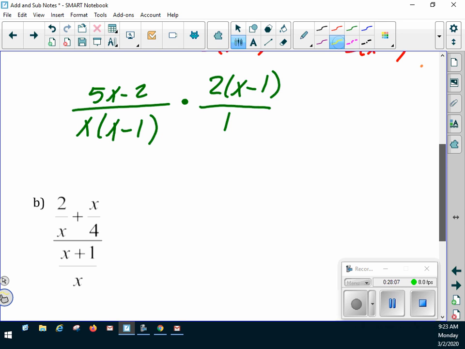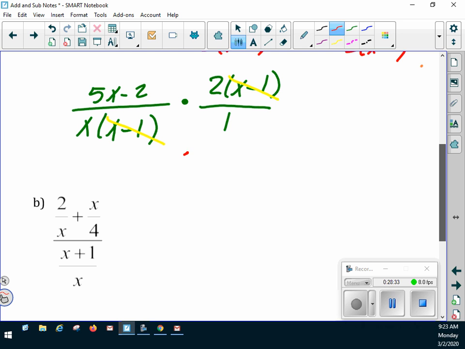Aha! Right. Do I have any other factors that are common that will factor out? Not a darn one. So my answer is, now, you got 5x minus 2 times 2.